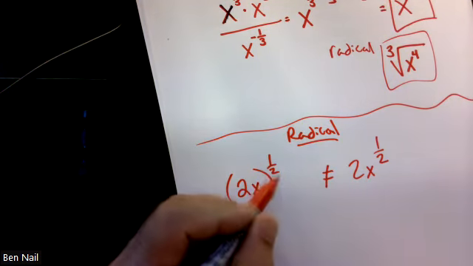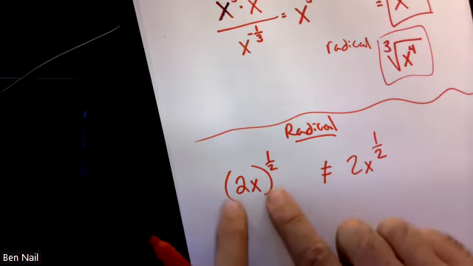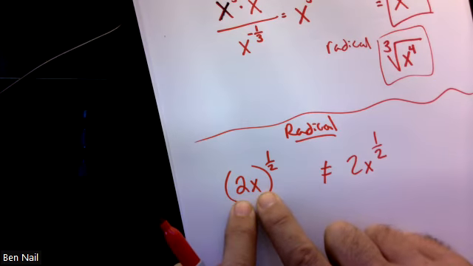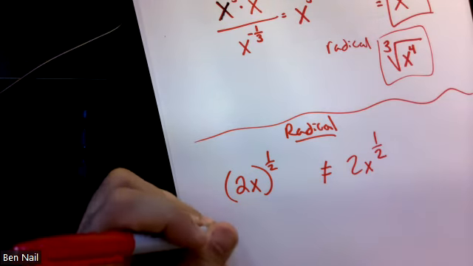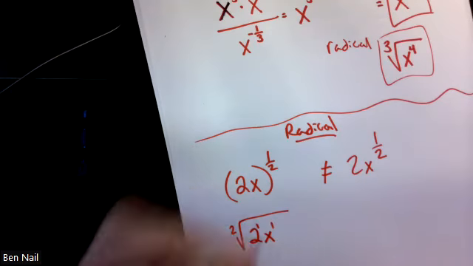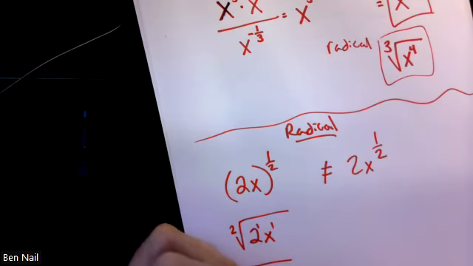So what they want you to do is take this rational exponent, change it to a radical, which is all fine, not too difficult. The trick is, remember, when you've got parentheses, that groups all of these things together. So both of these things are being taken to that 1/2 power. So again, that's my index. That's my exponent. That's 2 to the first and then x to the first. So if we clean this up, that's just the square root of 2x.